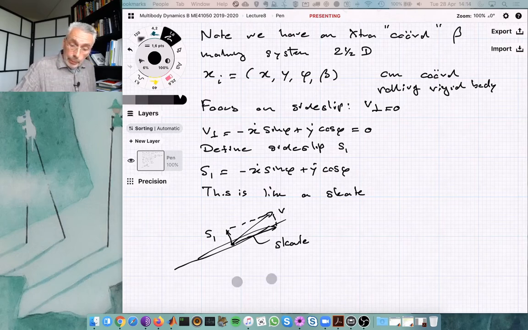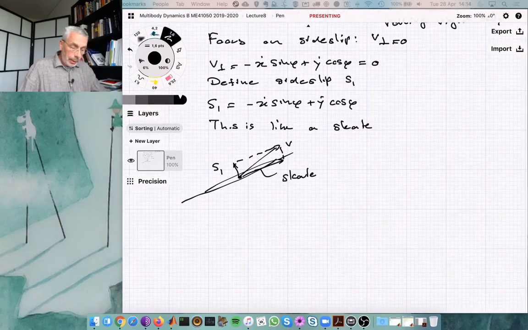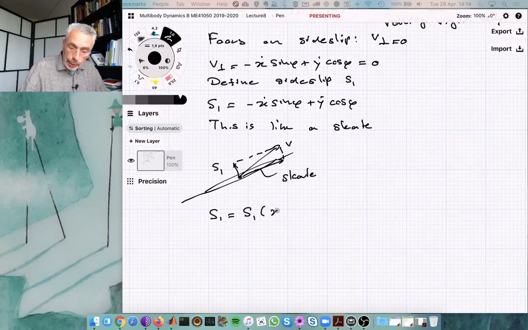Another way of writing this constraint is that we have this constraint S1, and S1 is a function of the coordinates, xi, because we see here the phi angles in it and so on. Not the position, for now, but it could be, and of the velocities.